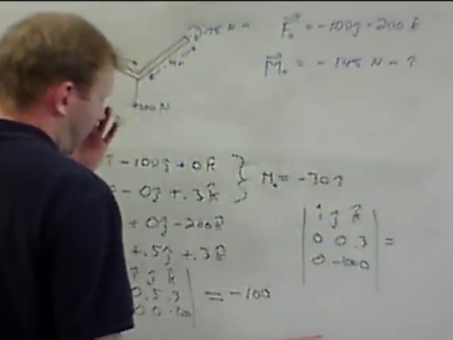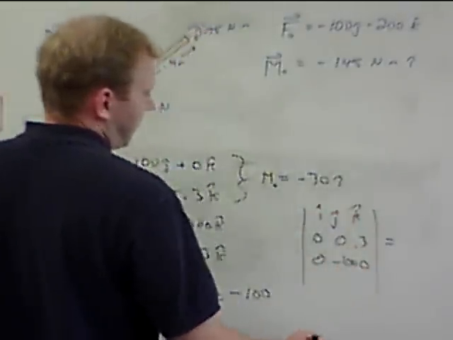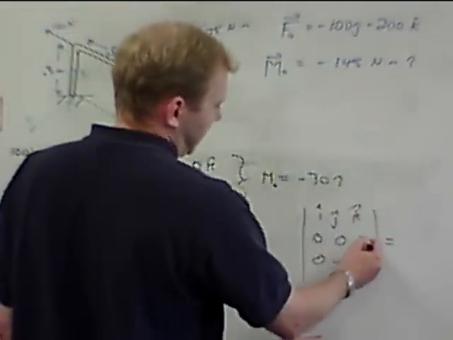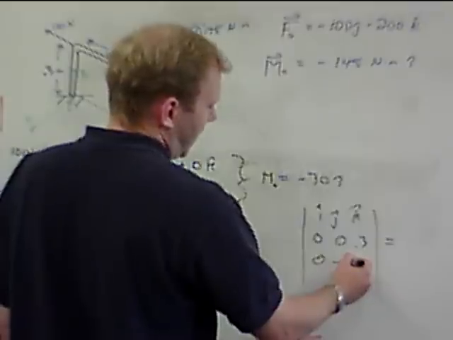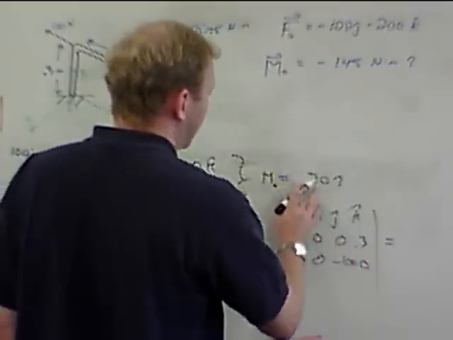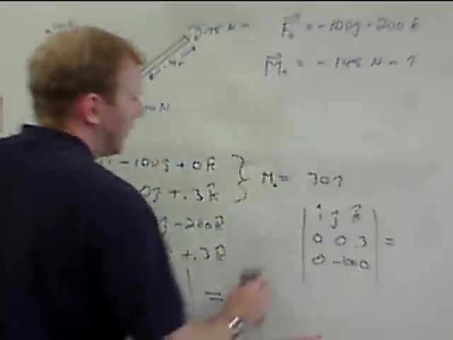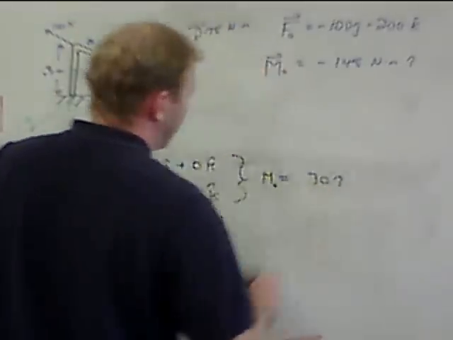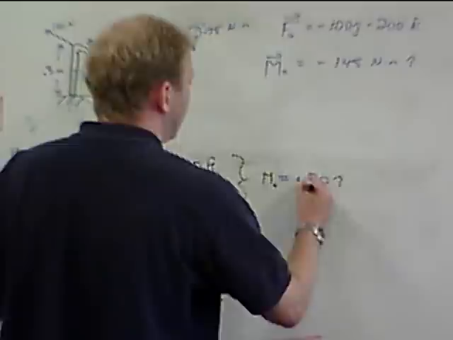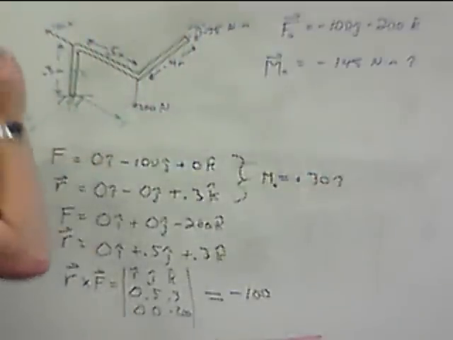J and K are also going to drop, but my mistake was on the I. It's 0 minus a negative 30. So this should be positive. Okay. So we do end up with a positive 30 for the moment about O caused by the 100 Newton force.